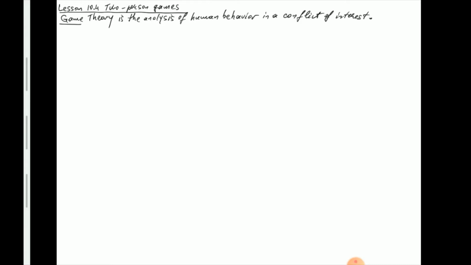In reality, of course, this applies to real life situations when it's not about games, but maybe about business interaction or any type of interaction where there is some sort of conflict of interest among the participants. So try to think of this word game in a larger context. That's my point I'm trying to make here, right? The point is not to spend some time doing math just to invent another game to play.